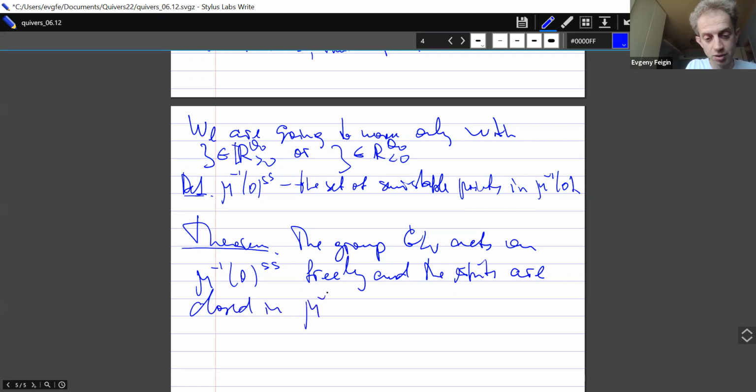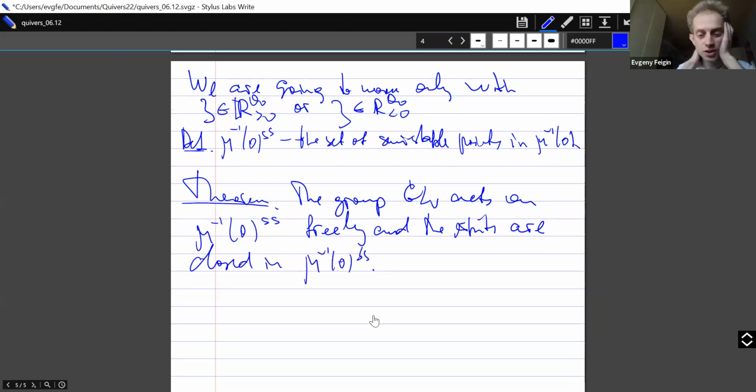You can just think that there are no stabilizers at all, so the action is free, and all the orbits are closed. Then you can just consider the space of orbits.